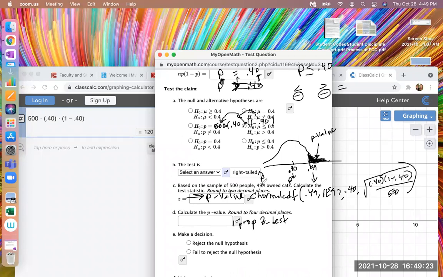So we obviously ran into more people in this particular sample that had cats than we'd see in the typical population. So it is a little concerning.